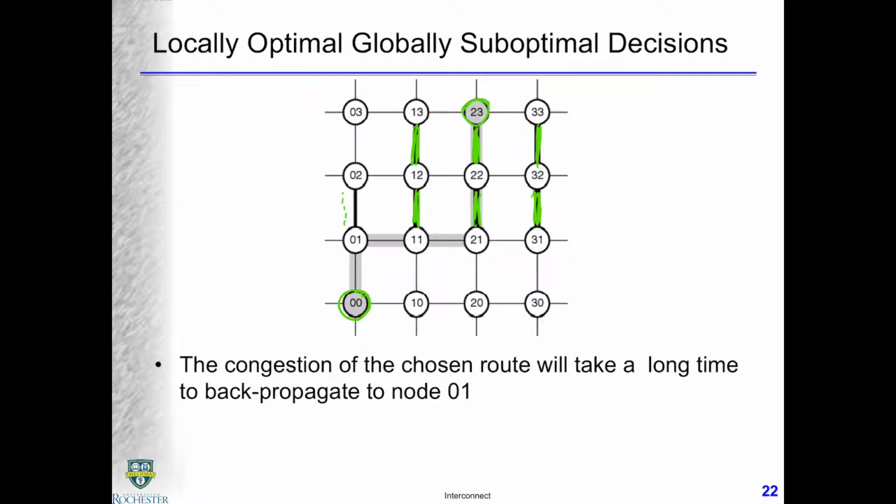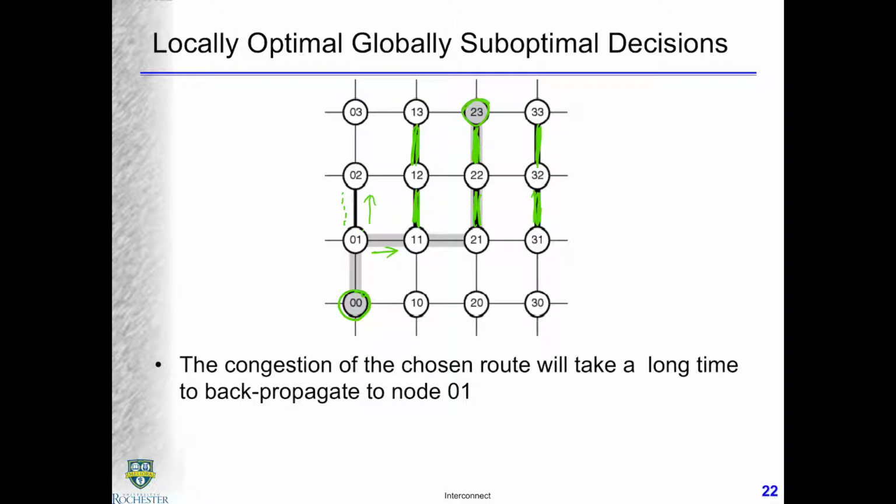And if I use fully adaptive routing, by the time I arrive at 0, I have two choices. I can go north or east, to the right. And they're both going in the right direction.